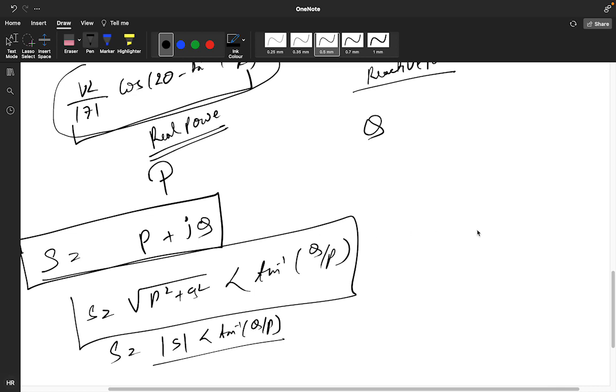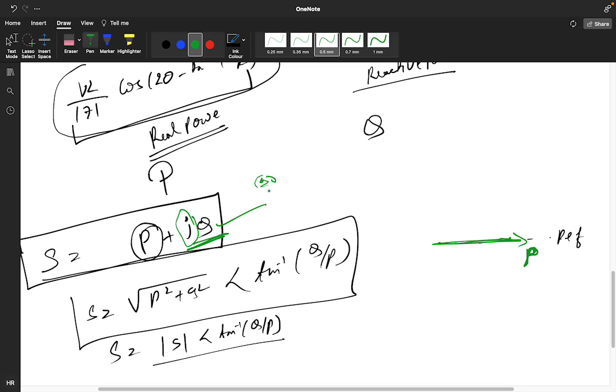Your real power we are taking as the reference, so real power has a 0 degree angle, so it will be P only. But what about Q? For RL series, your reactive power has j, that is 90 degrees, so Q will lead. Q is leading by 90 degrees.